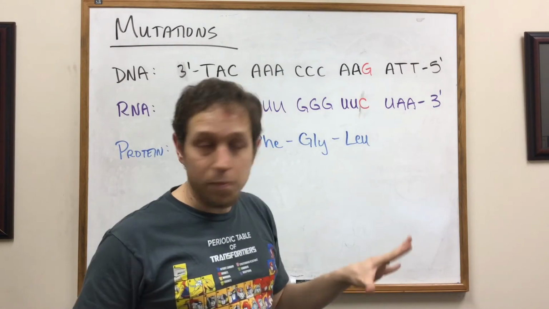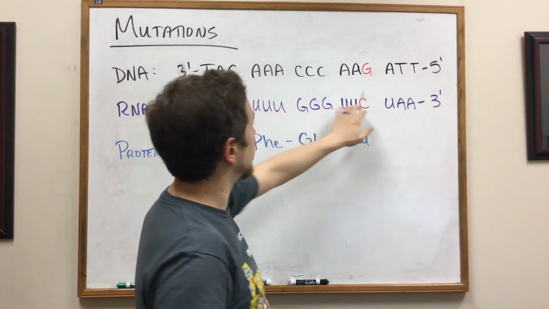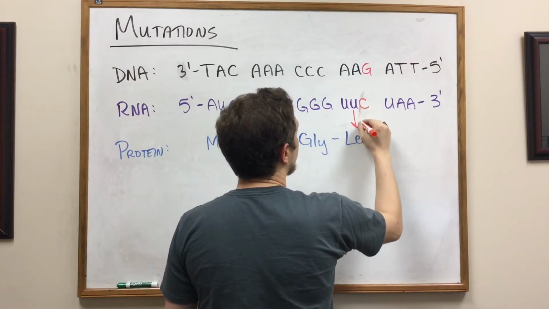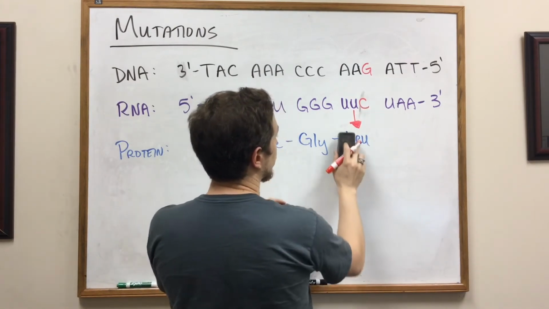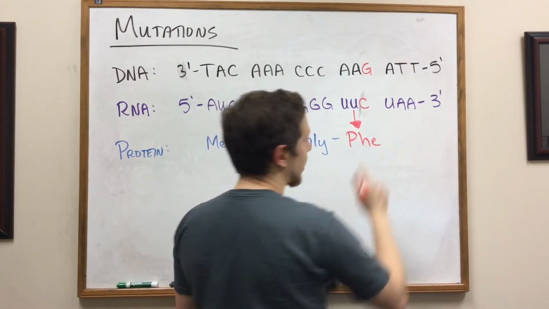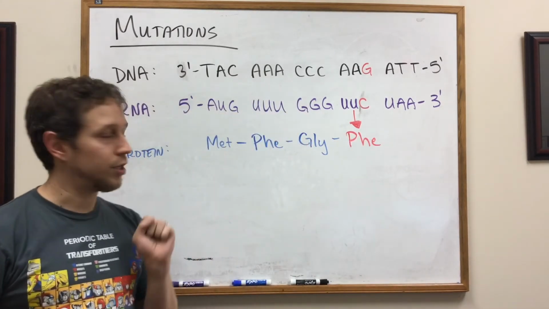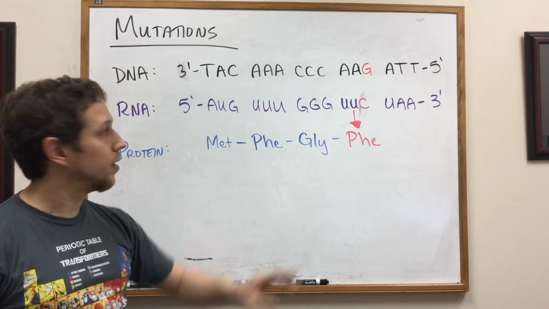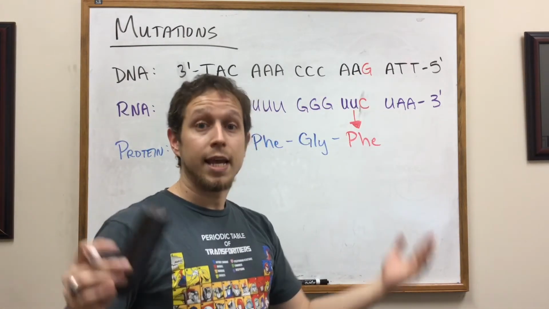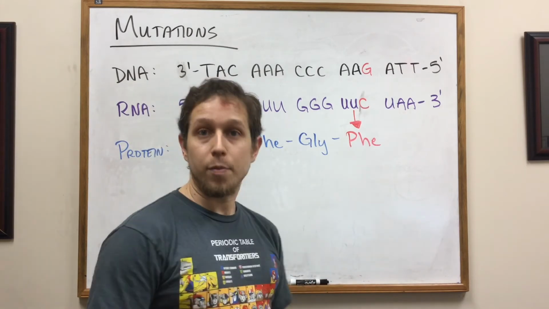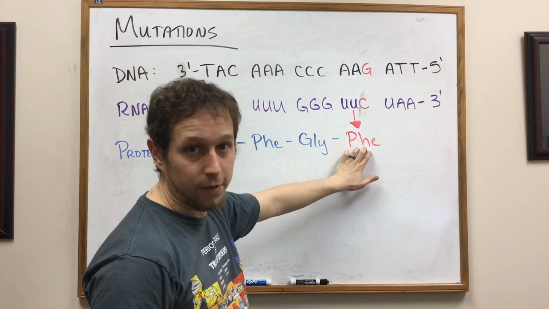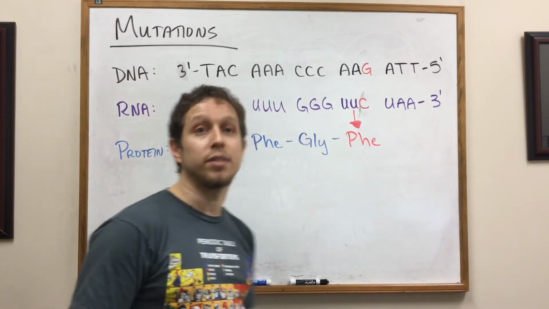Again, we're still in the same reading frame, but what you'll find is that now this codon encodes not leucine, but phenylalanine. So a missense mutation is a mutation where that base pair substitution results in the change of amino acid sequence. So notice we switched leucine for phenylalanine. So this is a missense mutation.